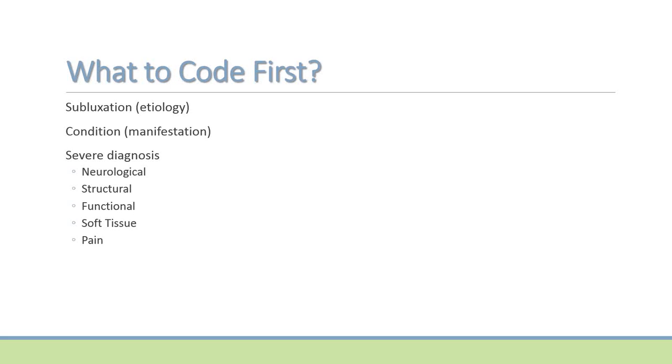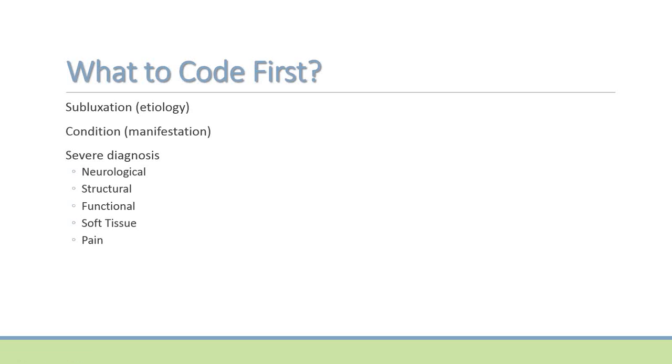Okay, what to code first? All right, so your hierarchy, if this was Medicare, you'll do your subluxation, and then you'll do your neurological subluxation, structural subluxation, soft tissue. I don't use functional very often, so I mainly stay with neurological, structural, soft tissue, and pain. And you will do that for each of your complaints.